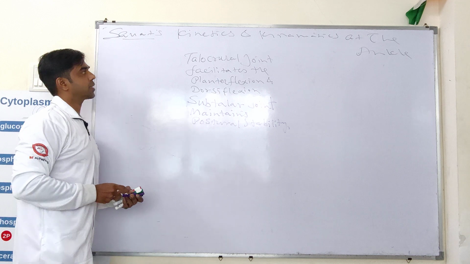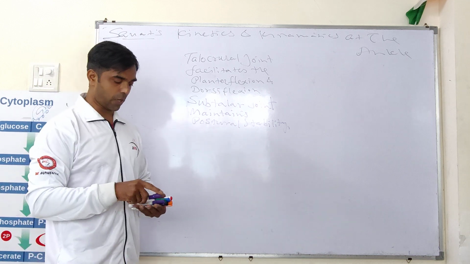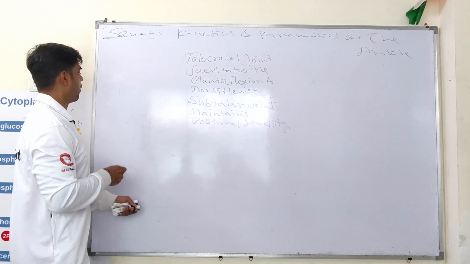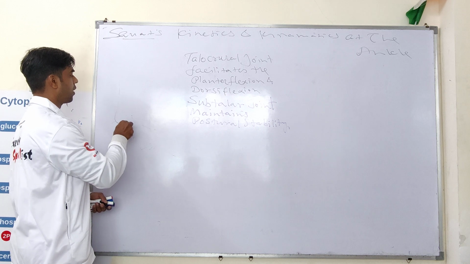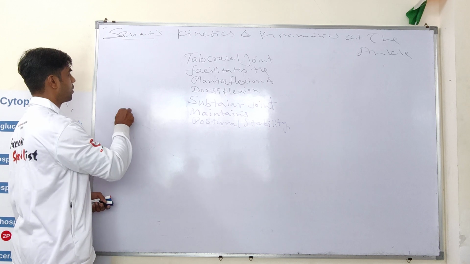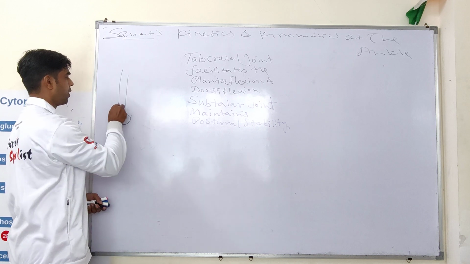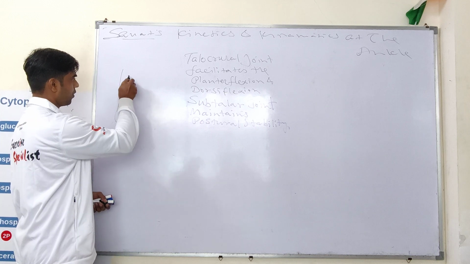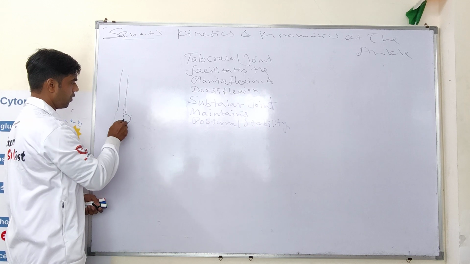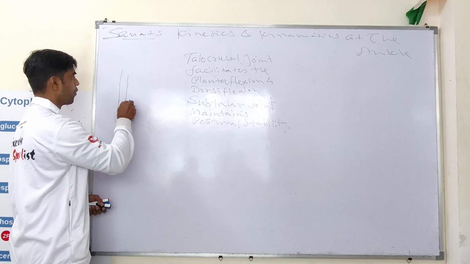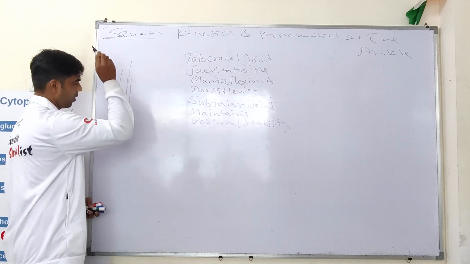So let's understand what the talocrural joint is. We have the tibia and the fibula.